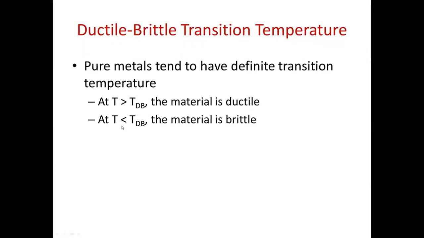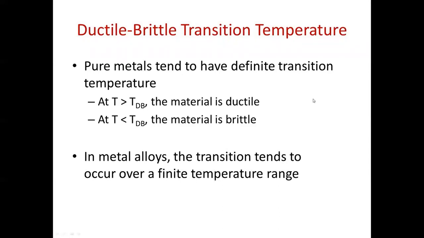And at temperatures below it, the material is brittle. Iron and other BCC metals tend to have a ductile to brittle transition. Almost all HCP metals have a ductile to brittle transition, but face-centered cubic materials tend to not have ductile to brittle transition temperatures. They tend to remain ductile at all temperatures, at least known to us.